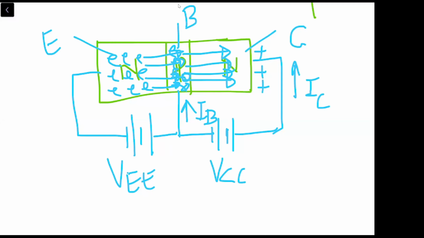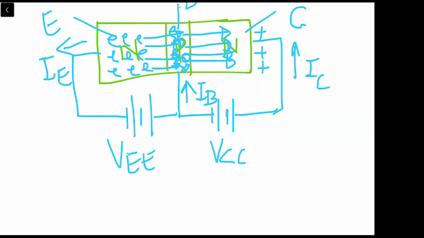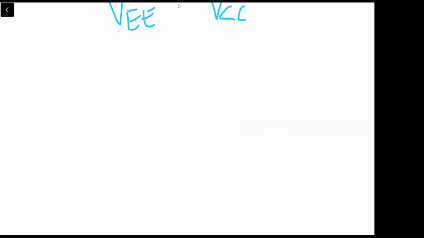So this means if you apply Kirchhoff's current law on this transistor, the total current flowing will be equal to IE, which is the combination of IB and IC, so IE equals IB plus IC, right? Are you with me?